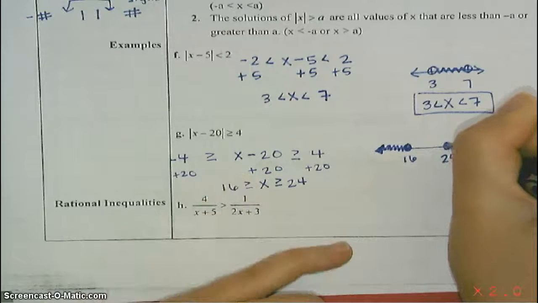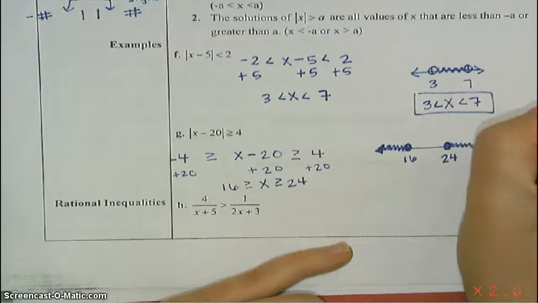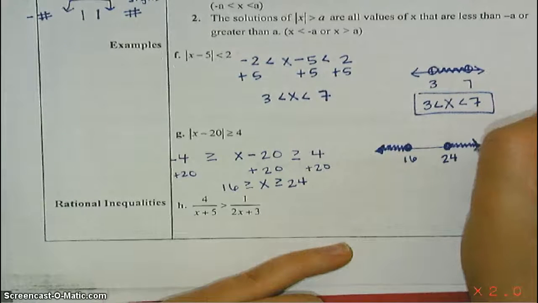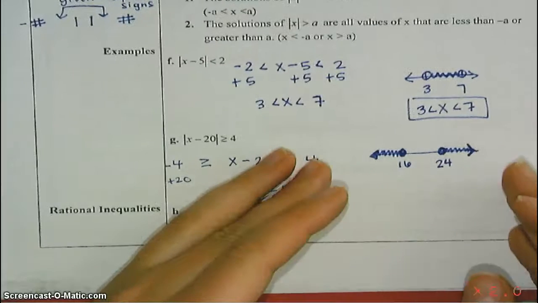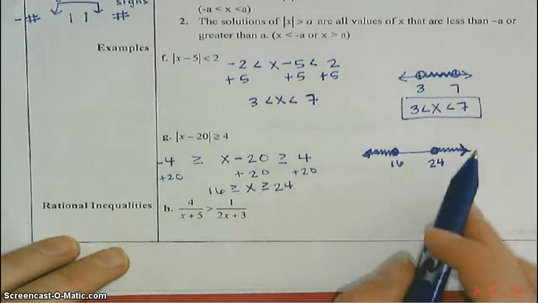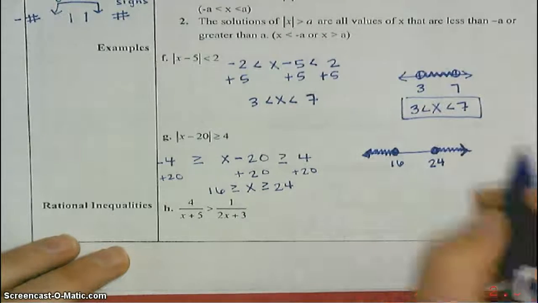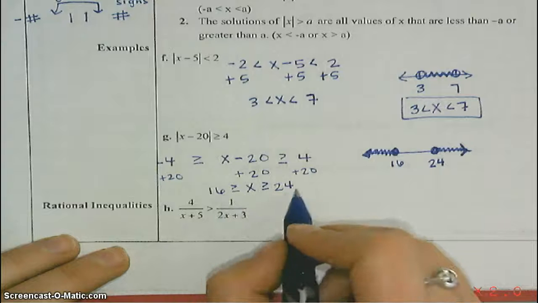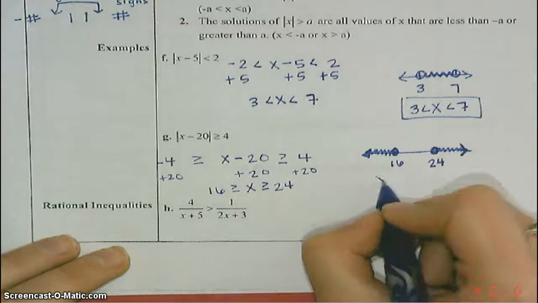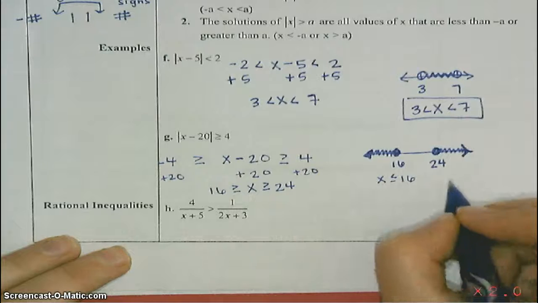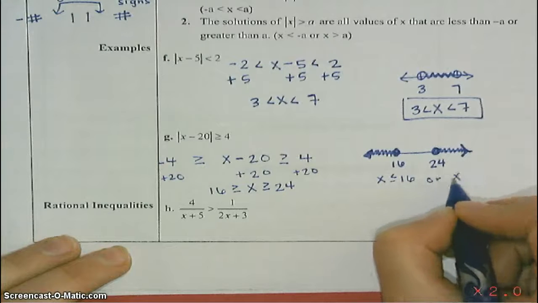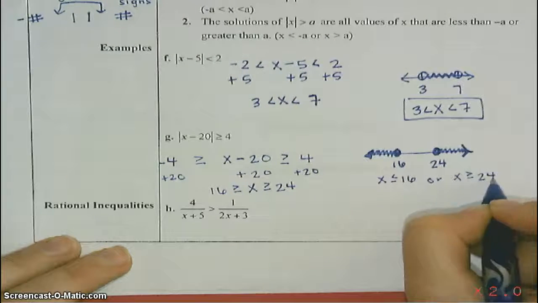I'm going to shade that in and shade over to the right. So here you can kind of see that both of these are unbound. And what you could do, you could keep your inequality written like this, or you could write it like this: x is less than or equal to 16, or x is greater than or equal to 24.